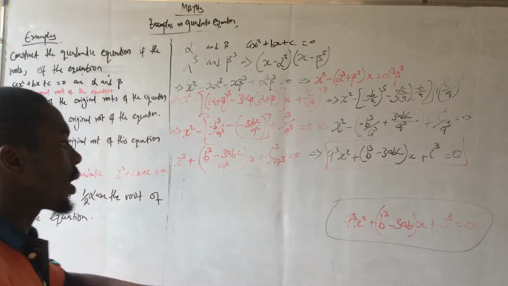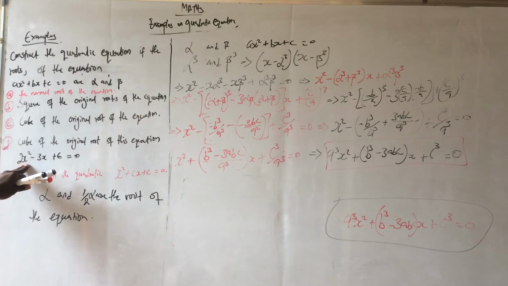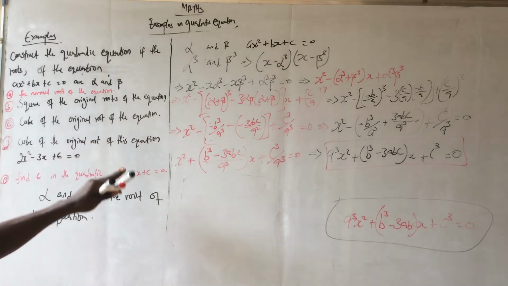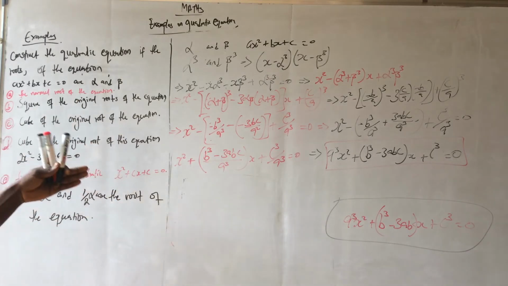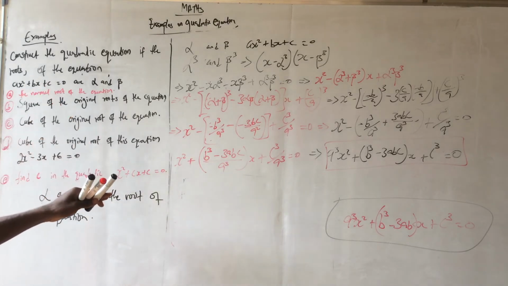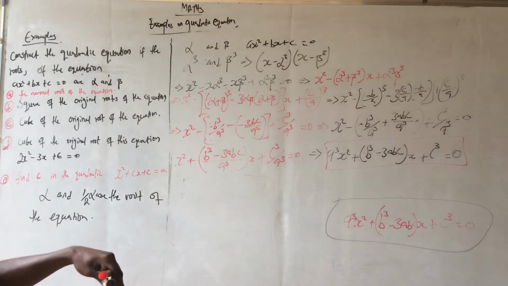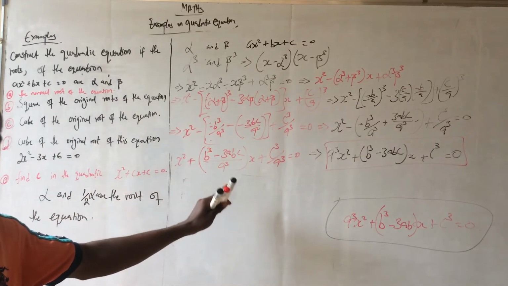I don't want to start solving this from the beginning. You can solve using the roots. You can also solve using factorization method if it is factorizable. You can solve using completing the square method, formula method, graphical method, and you can also solve it from the roots.